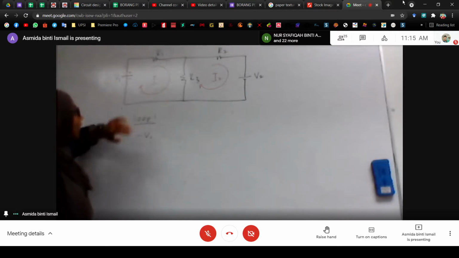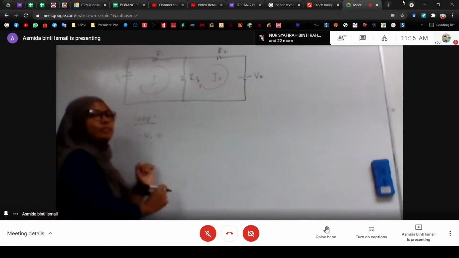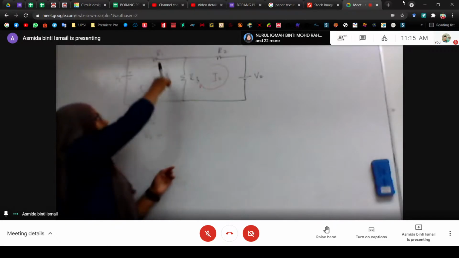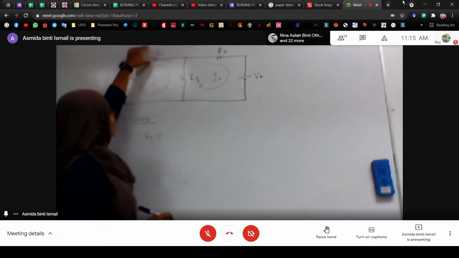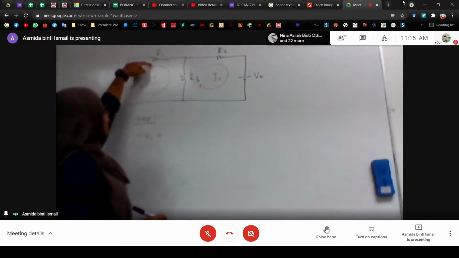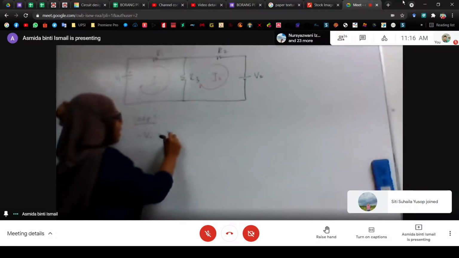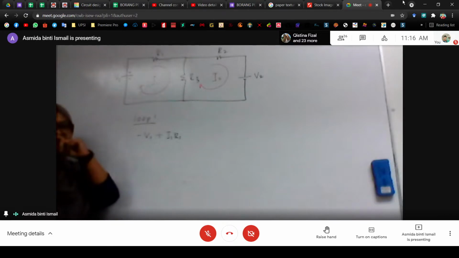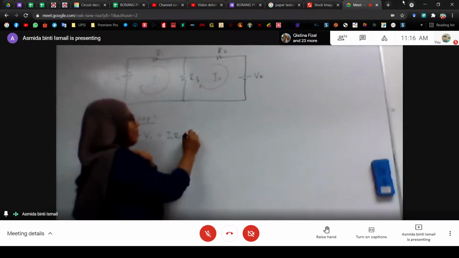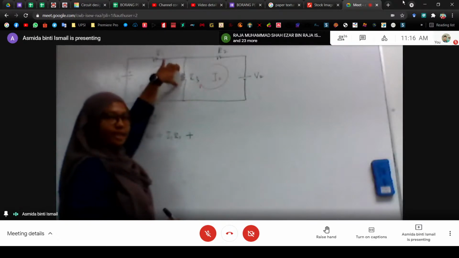And then plus voltage here. Voltage here is I1 times R1, I1 R1. And then plus voltage here.